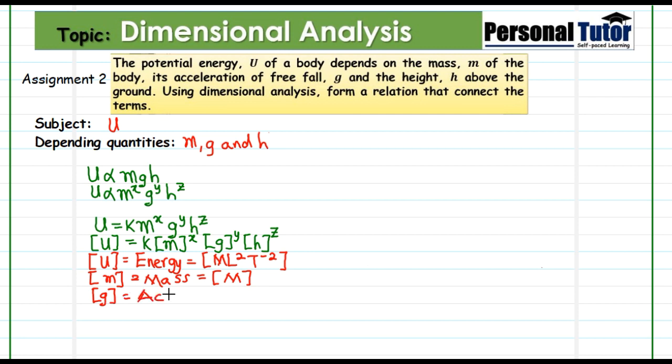So simply acceleration, and that is L T minus 2. Then the h, being height. Height expresses a length, and that means it is an L for a dimensional symbol.